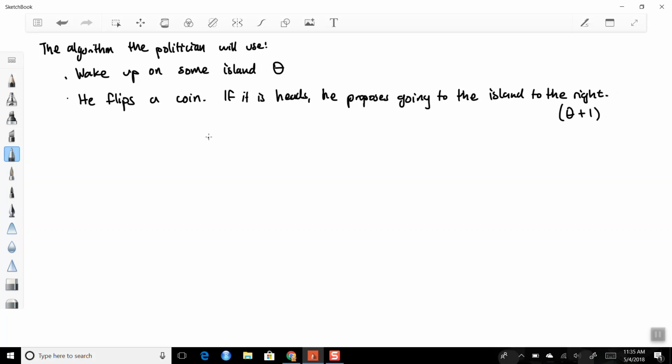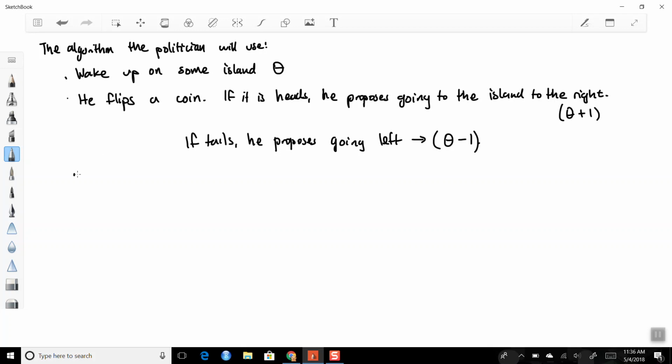Okay, and if it's tails, he proposes going left, which will be island theta minus 1. Okay, so we're currently at island theta, so if we're at island 4, and if we flip heads, we would propose going to island 5. And if we're at island 4 and we flip tails, we would propose going to island 3. Okay, simple enough.